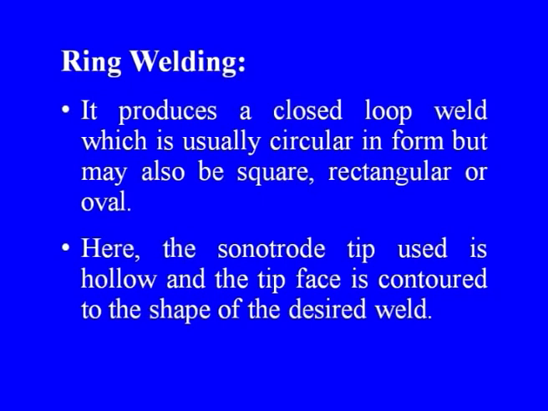Suppose this is the sonotrode being used. Generally the sonotrode will have a flat face like this, having a cross section like this. Now, in this case the sonotrode can have different shapes. It can be oval like this, and it will generally be hollow, whereas this is entirely solid.